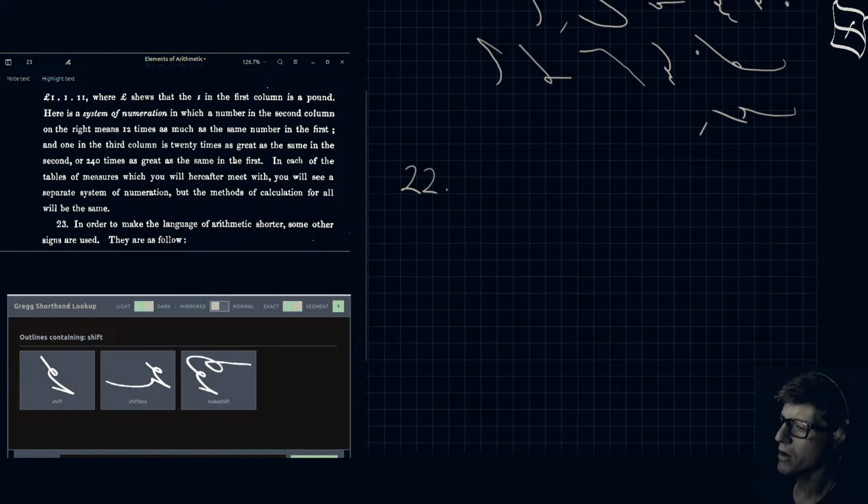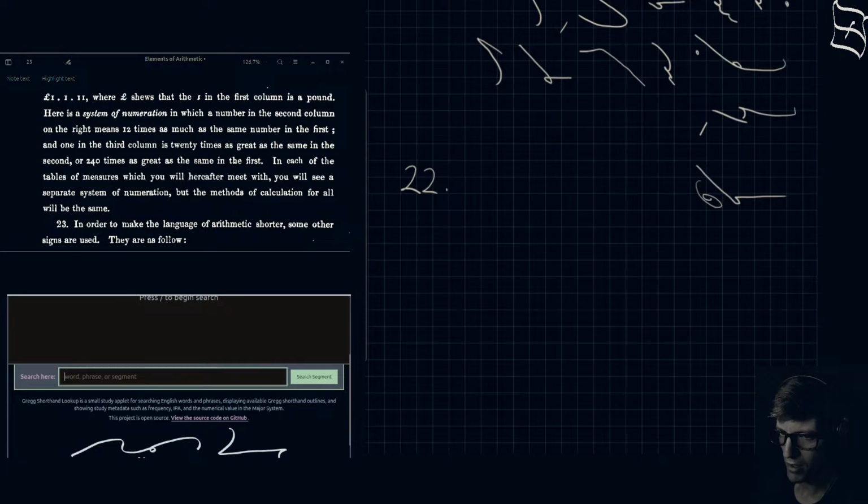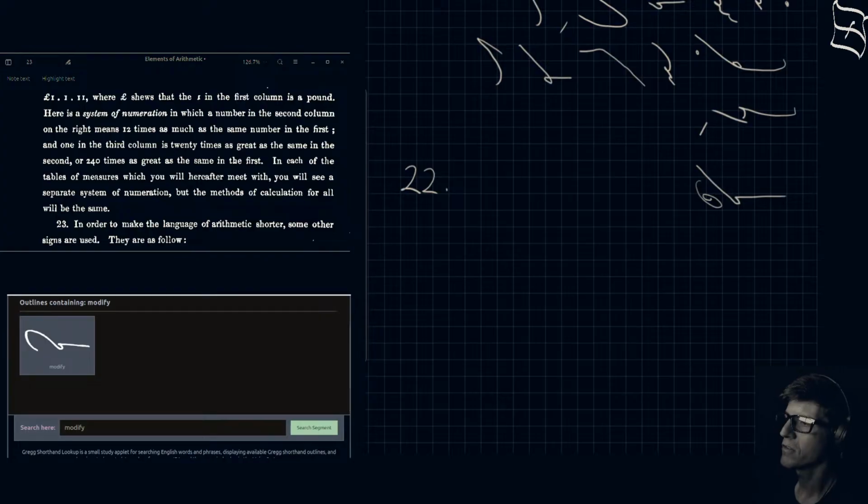So we would say modified, and let's go ahead and write that here. This is mod, I think that's modified, but let's check it. We check modify and look for our Gregg shorthand symbol, and it uses a DF stroke.